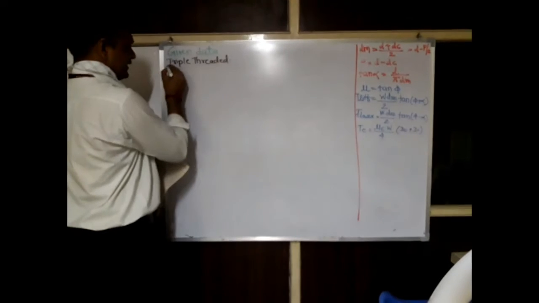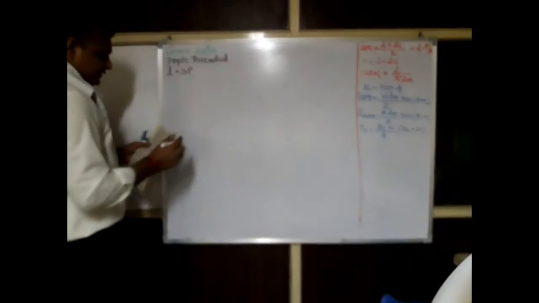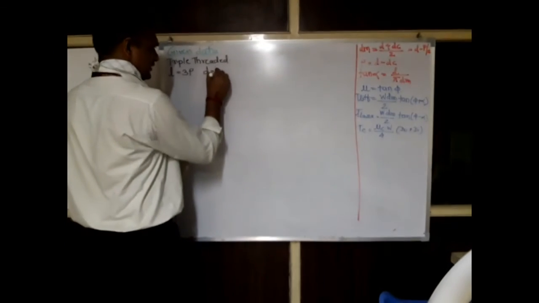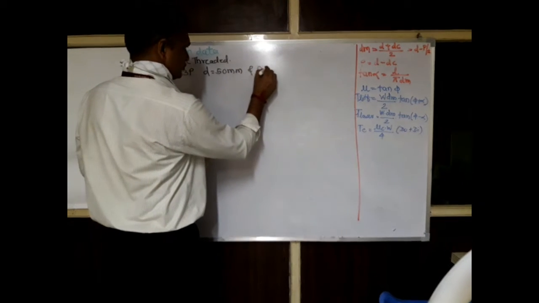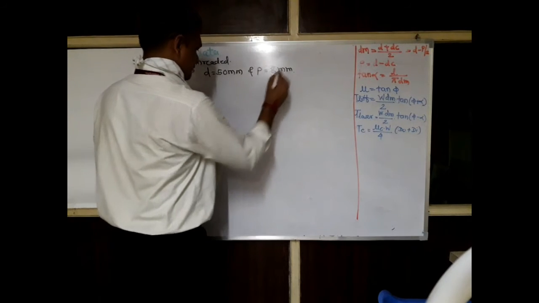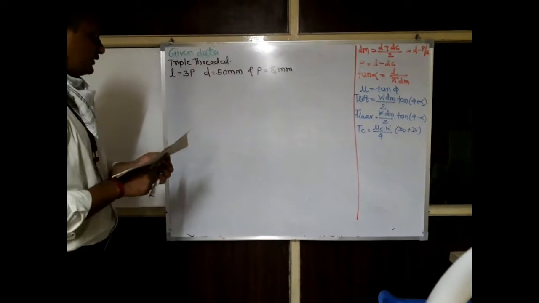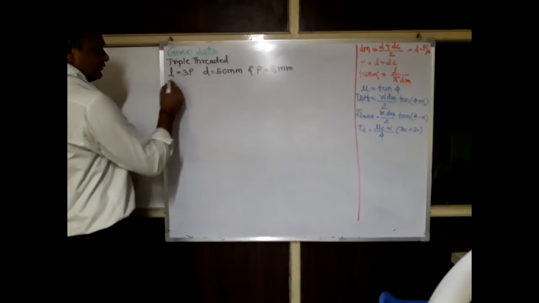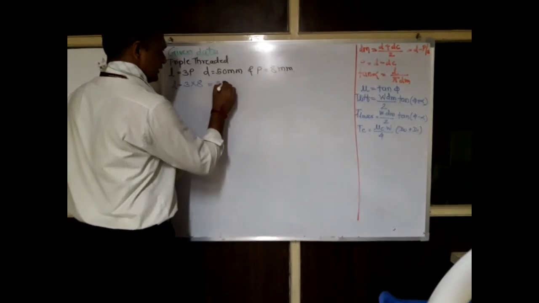Triple threaded means lead is equal to 3 times pitch. The nominal diameter is equal to 50 and pitch is equal to 8. As pitch is equal to 8, we get the lead equal to 3 times pitch, 3 times 8, that will be equal to 24.